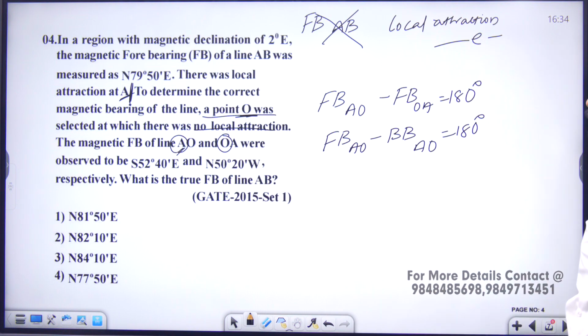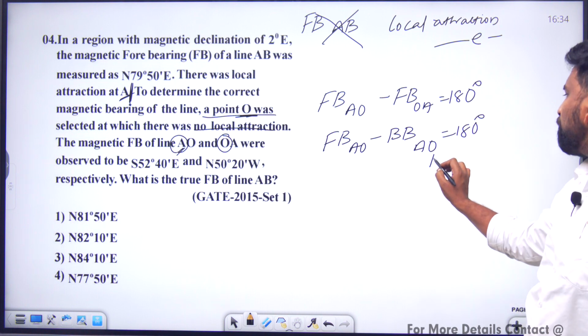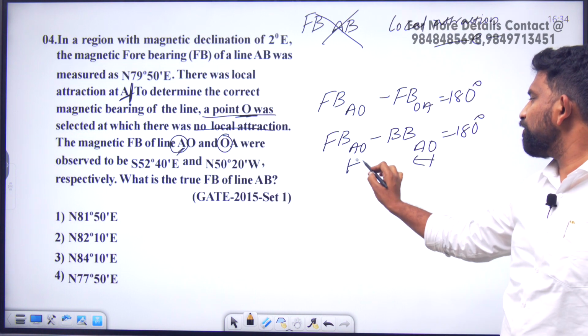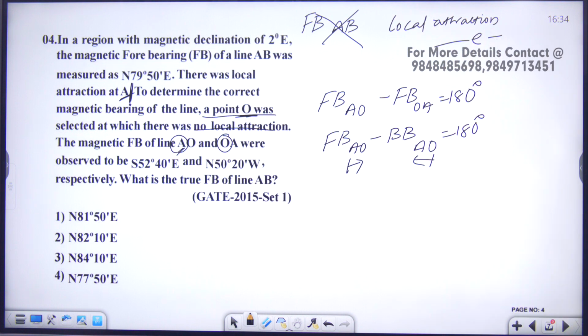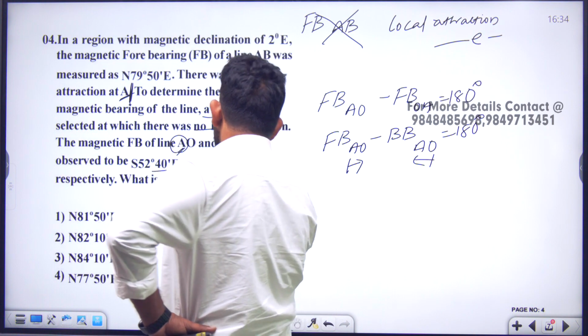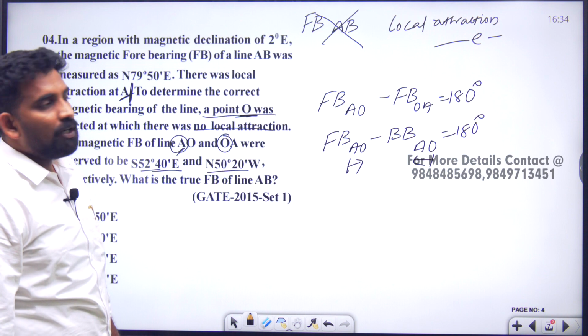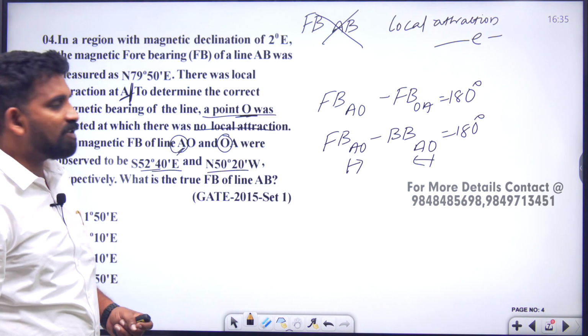You can also find out in this manner as well. The bearings given here are according to the previous concept that I have said to you clearly. Now see here, the bearings were given in terms of reduced bearings. We have to convert this in terms of a whole circle bearing system to solve this question easily.